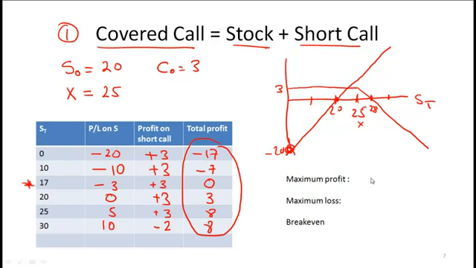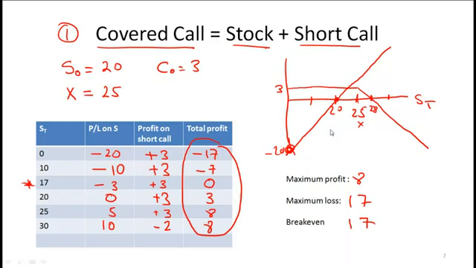I'm going to plug these numbers in right now and then also draw out a graph that shows the short call. So notice that our maximum profit is 8. Notice that our maximum loss here is 17, and notice that our break-even point is also 17.